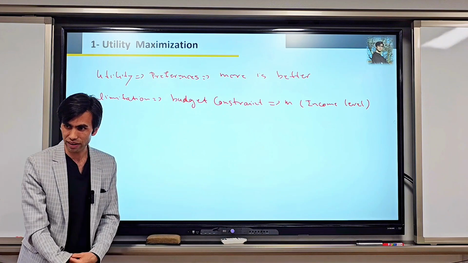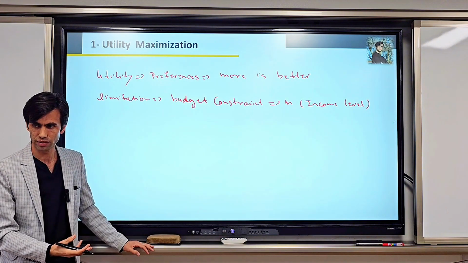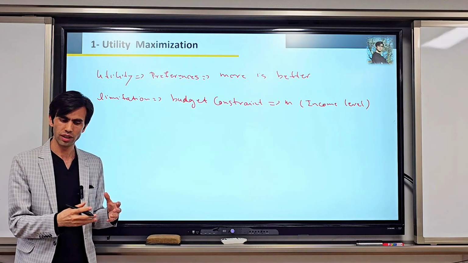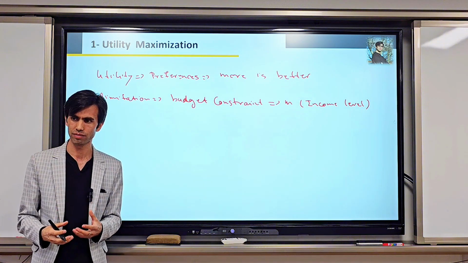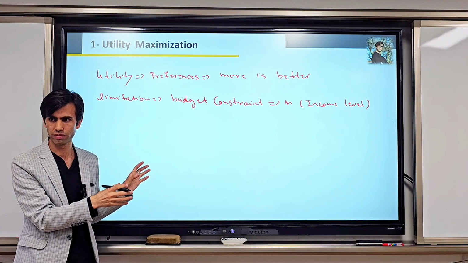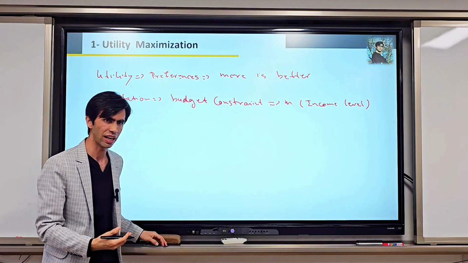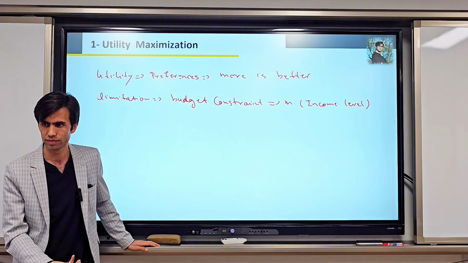Because our income level is limited, we need to match our consumption level with the amount of money that we have. Also, this is the easiest constraint. Most of the time, we have some environmental constraints, some legal constraints.